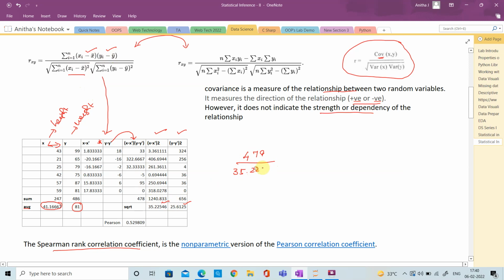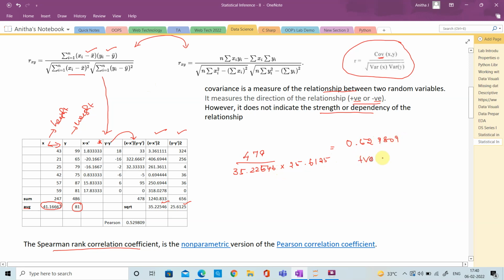and that is 35.22546, and y minus y bar the whole square summation with the square root, and that will give 25.6125. That will yield the correlation coefficient of 0.529809.